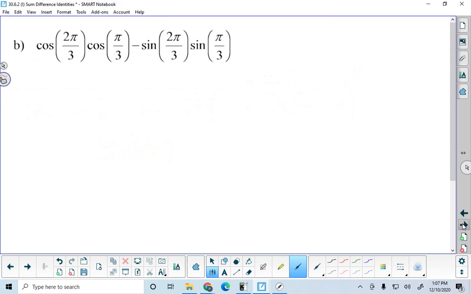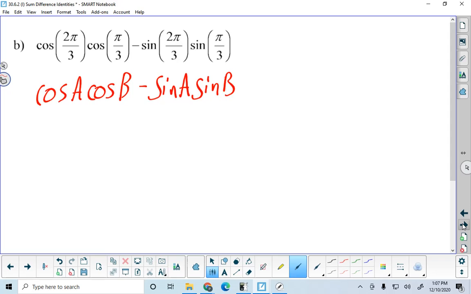So when I look at this thing, I'm seeing cosine of an angle, cosine of a different angle, minus sine of the first angle, sine of the second angle. Sometimes I just use A and B rather than alpha and beta. And this is equal to cosine of A plus B.